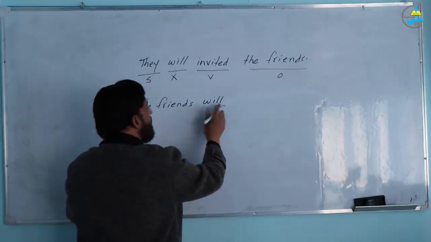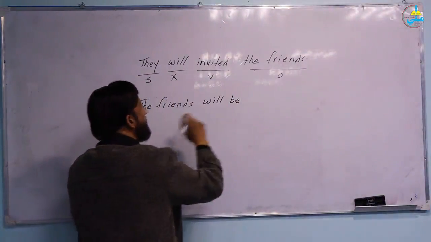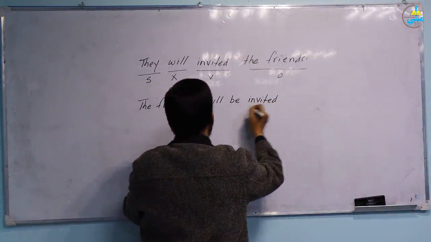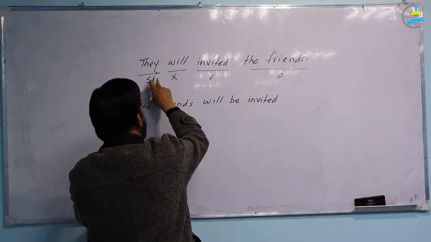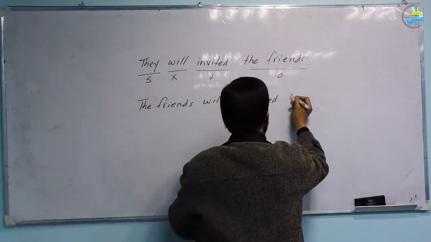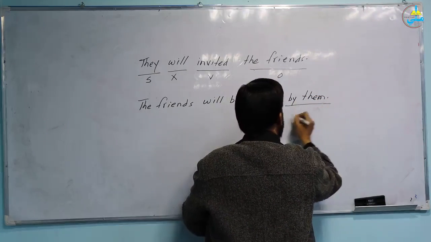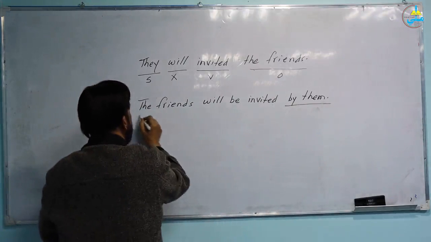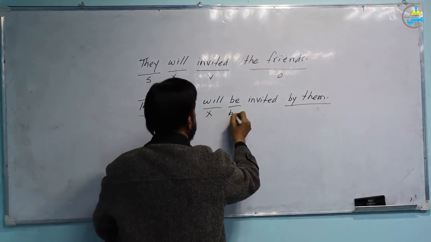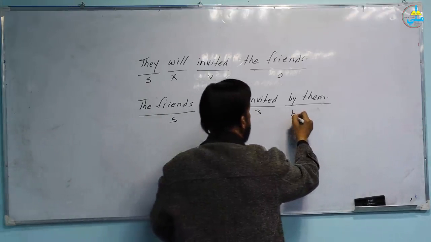After will we use be, the verb to be: will be, and the main verb is invited. And where does they go? Invited by them. They becomes them. This is the by phrase. So here, the friends, will is the helping verb, this is be, and invited is the past participle, and this is the by phrase.